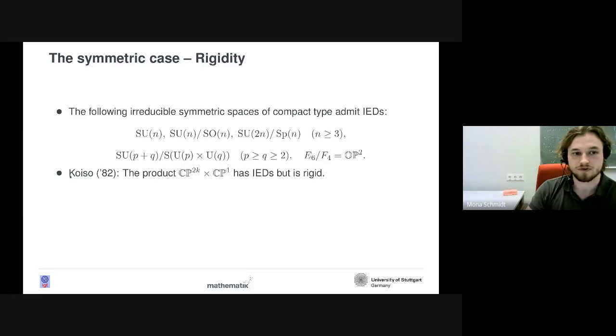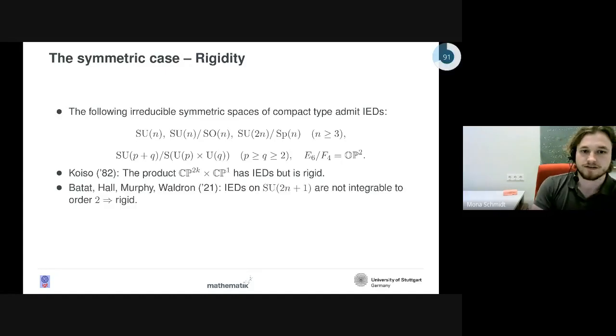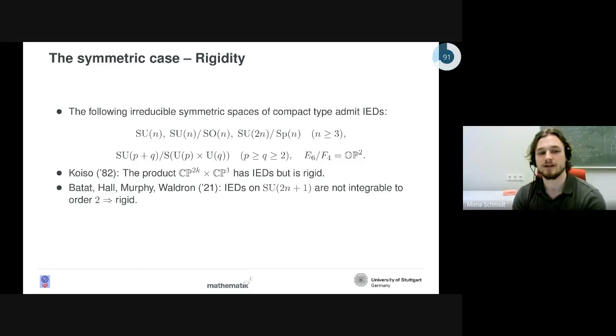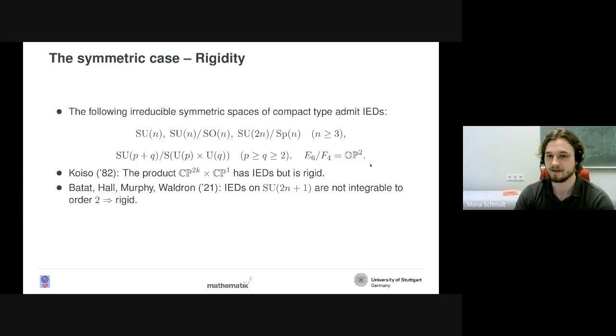Koiso provided one example of a symmetric space, a product symmetric space, so not irreducible, that has infinitesimal Einstein deformations but is rigid because these are not integrable. And recently there's been a paper by these authors, and they considered the infinitesimal Einstein deformations on SU(2n+1) and showed that they are not integrable to second order.